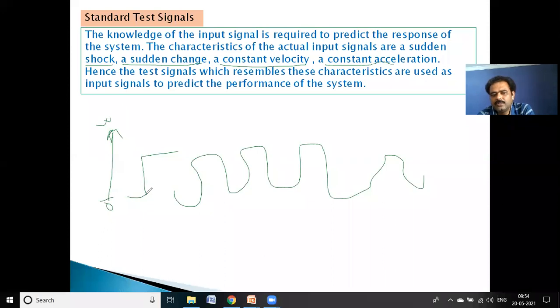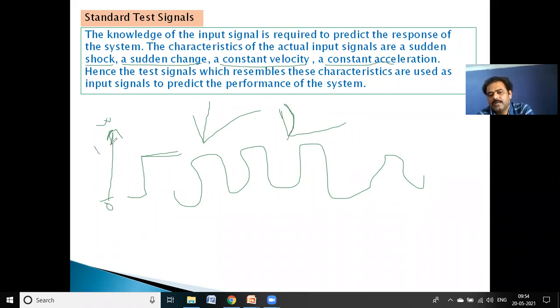A constant velocity means the quantity increases linearly, or it may increase in a parabolic fashion, gradually.